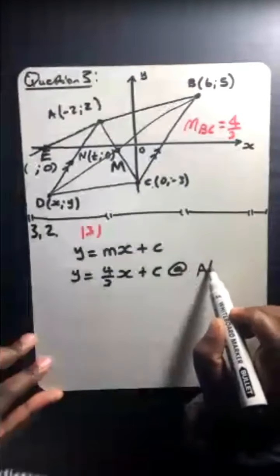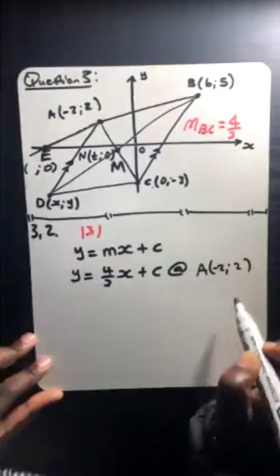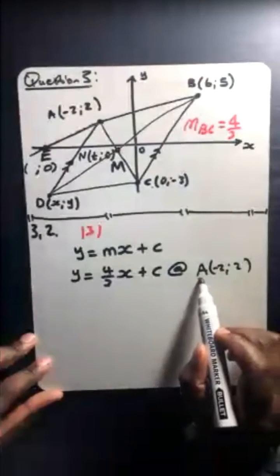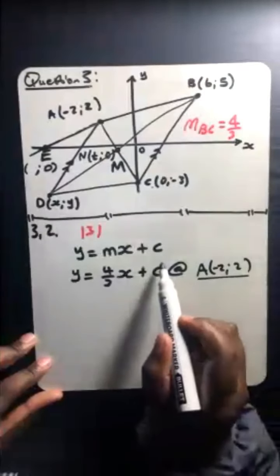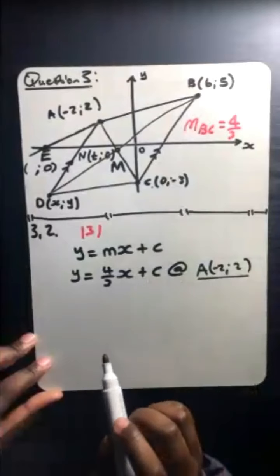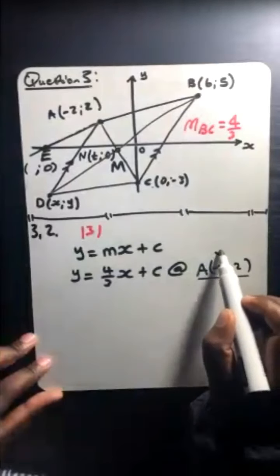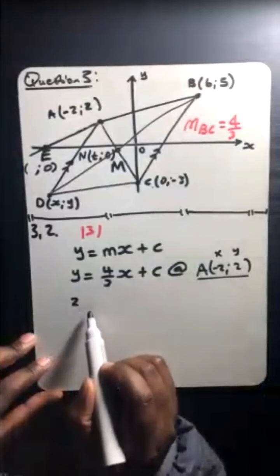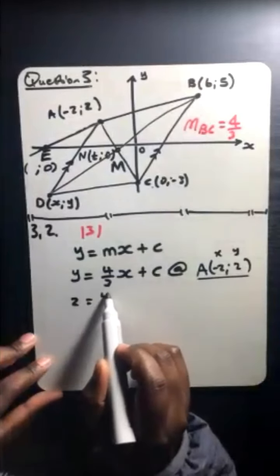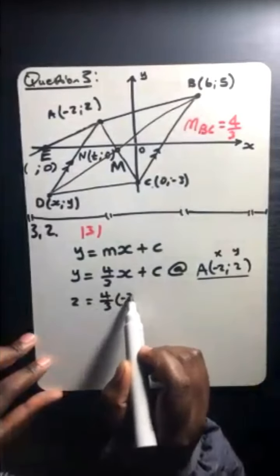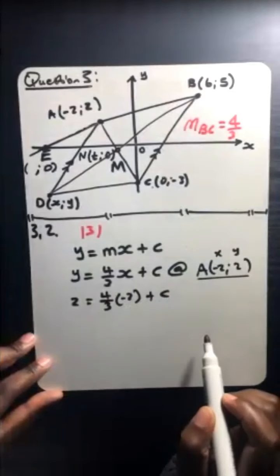So at A, which is (-2; 2). Why do you need this point? Because you want to calculate the c value. So you just substitute, you know this is x, this is y. So that means you have 2 equals 4 over 3 times -2 plus c.